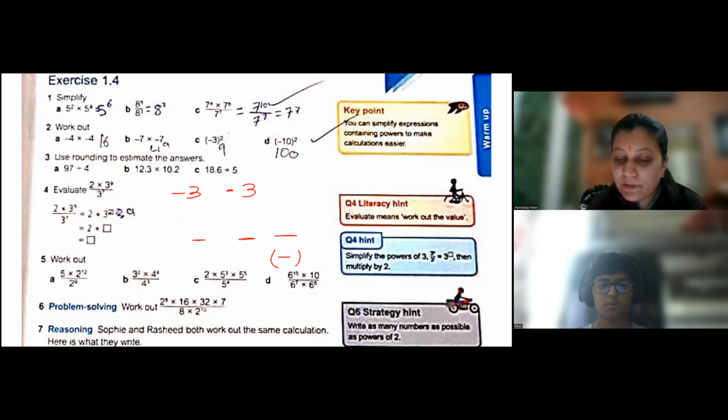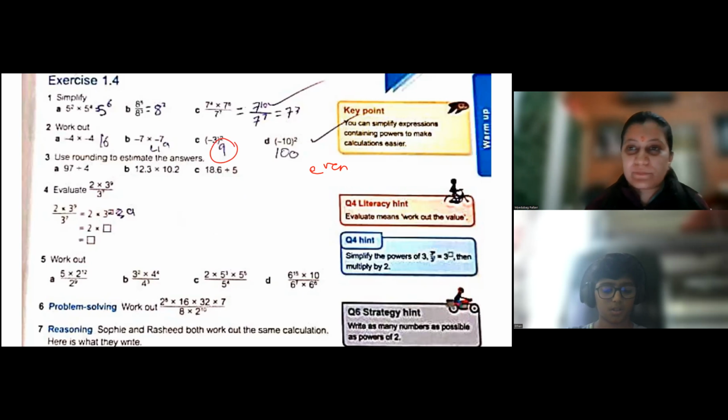As we studied yesterday also, whenever the power is even, the minus sign will become positive only, so the answer we'll get in plus. When the power is odd, if here it would be minus 3 whole cube, then the answer will come in minus. So for this one we'll get a positive 9. Minus 3 into minus 3 we'll get positive 9, right?